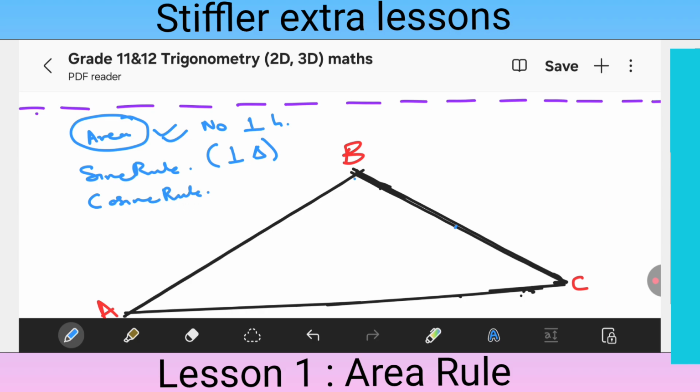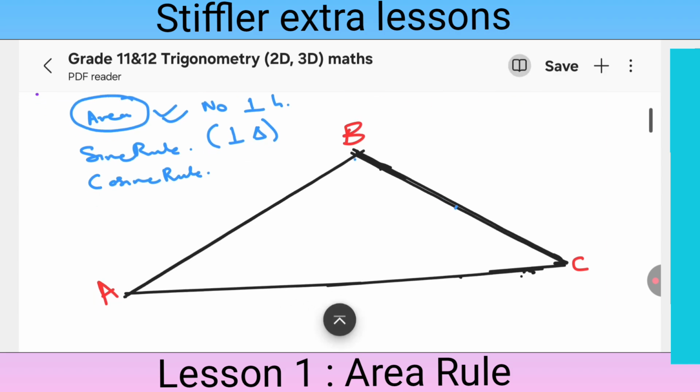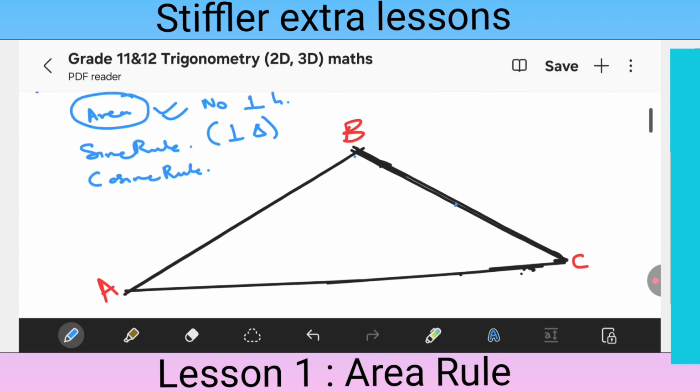But before embarking on this journey, there are things that you need to master about these triangles. We have this triangle ABC with angle A, angle B, and angle C. Angle A is opposite to the side BC.